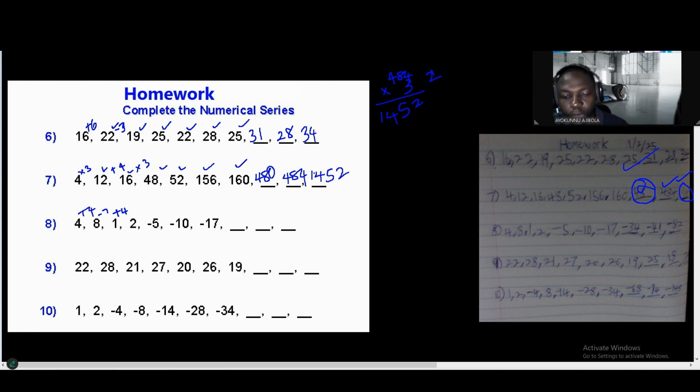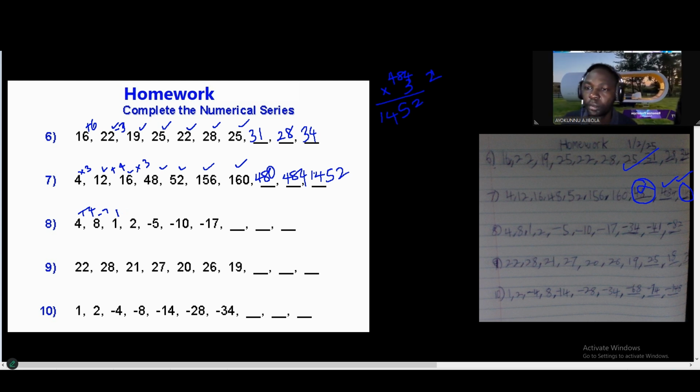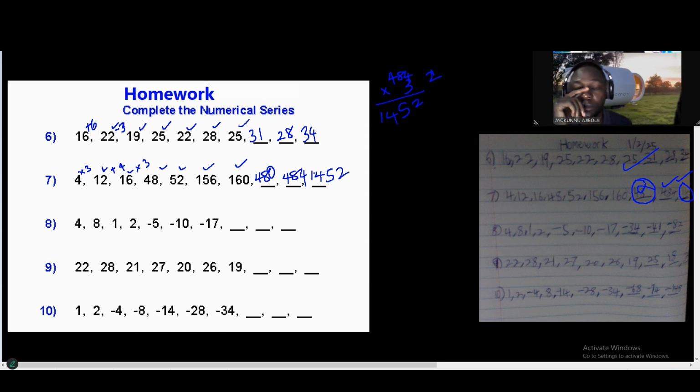So do you think that rule is going to work? Do you think add 4 and take away 7 will work?